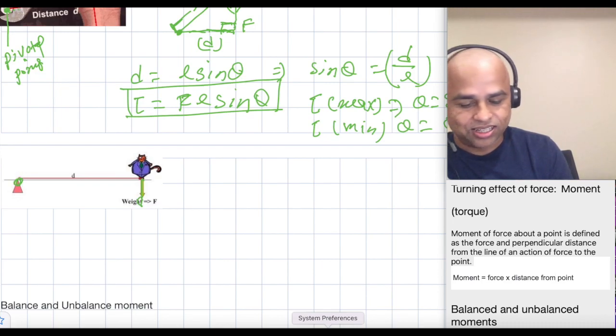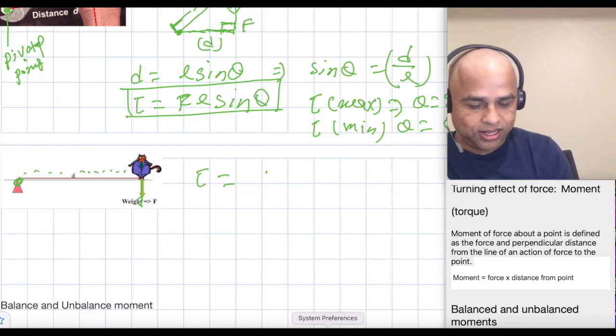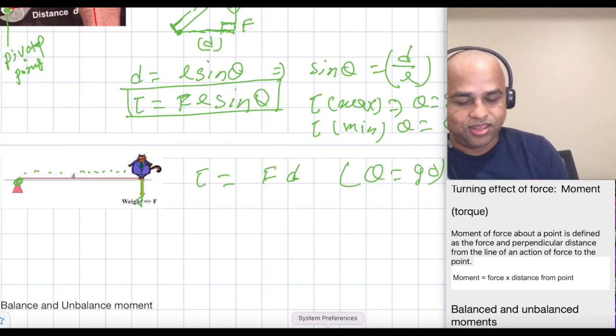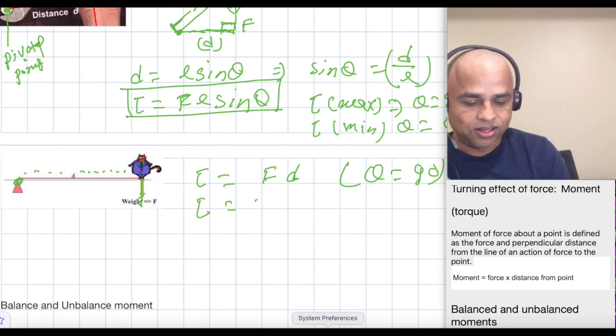In this case, tau equals F and d. Here theta equals 90, and F, if this is weight, you can say sometimes the weight of the body, and d.